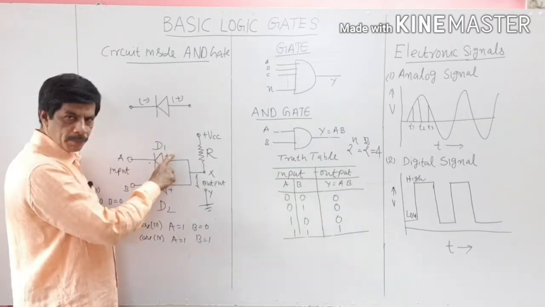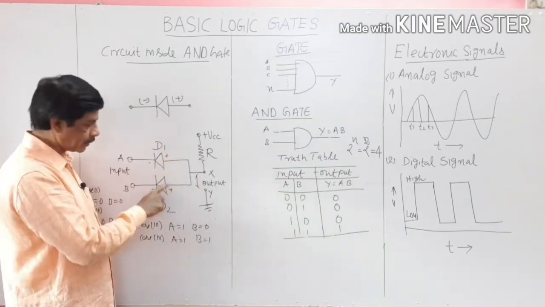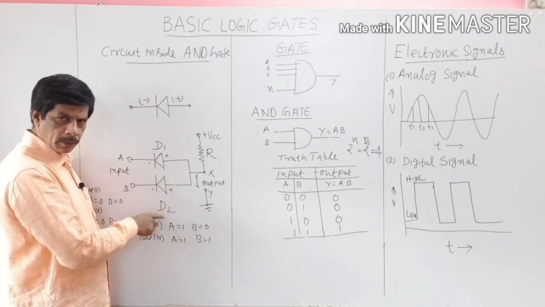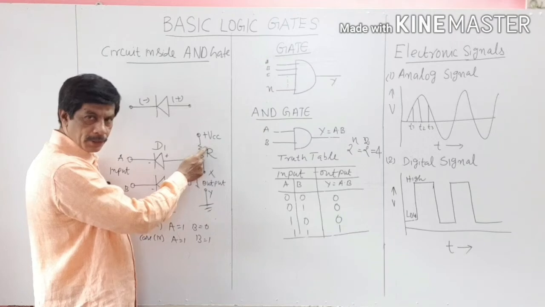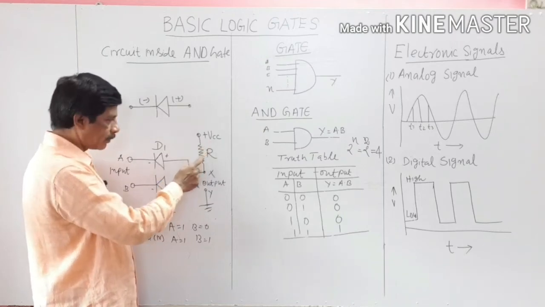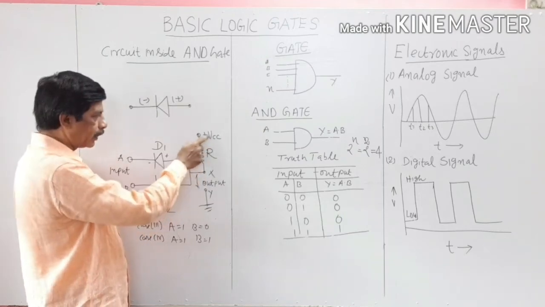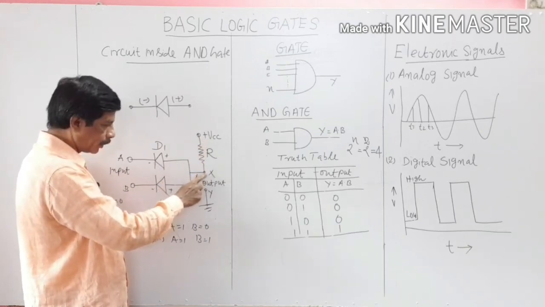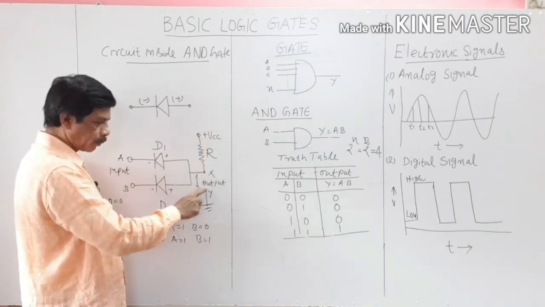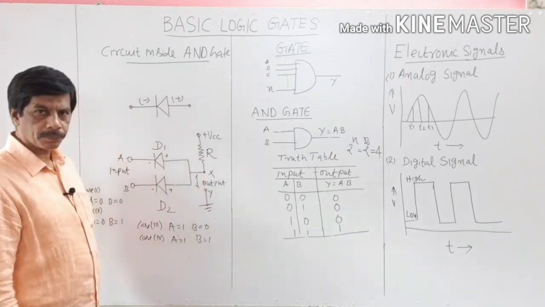This one is disabled, this one is enabled. Because of this enabled D2, again it generates current, that current is again dropped in the capital R as a voltage drop. Because of this voltage drop, the voltage plus VCC cannot enter the point X. So again the voltage between the points X and Y is equal to 0.